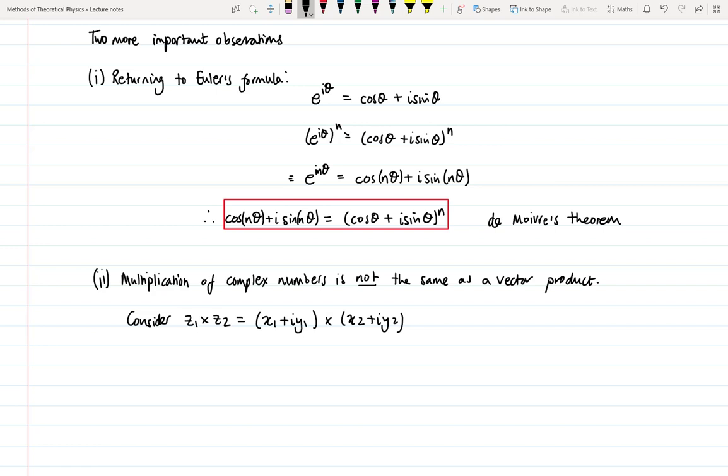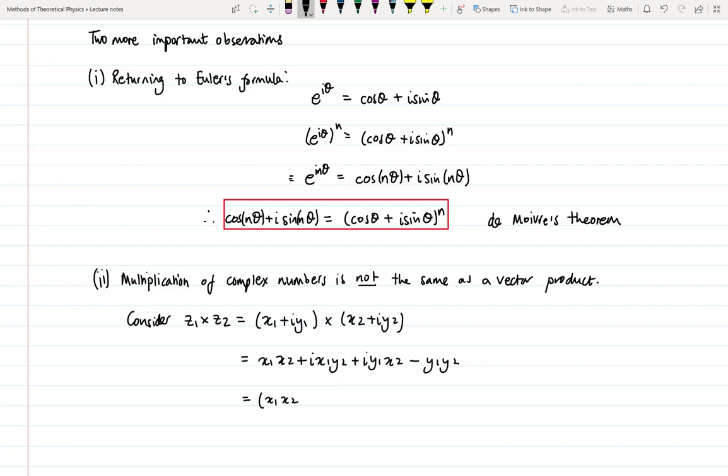Now we can multiply this out. This will give us x1 x2 plus i x1 y2 plus i y1 x2. And then multiplying the last two terms together, we'll get an i squared, which we know is minus 1. So we'll get minus y1 y2.